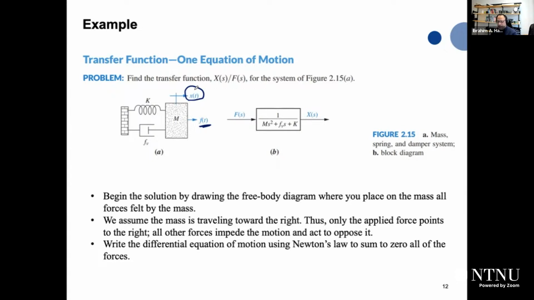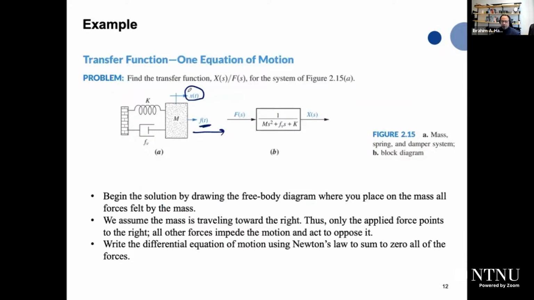You just try to find the relationship between F and X. F is the force, because you can pull it and drag it. When you drag it in that direction, it will move a distance called X of t. So he asks you what the transfer function of this system is.